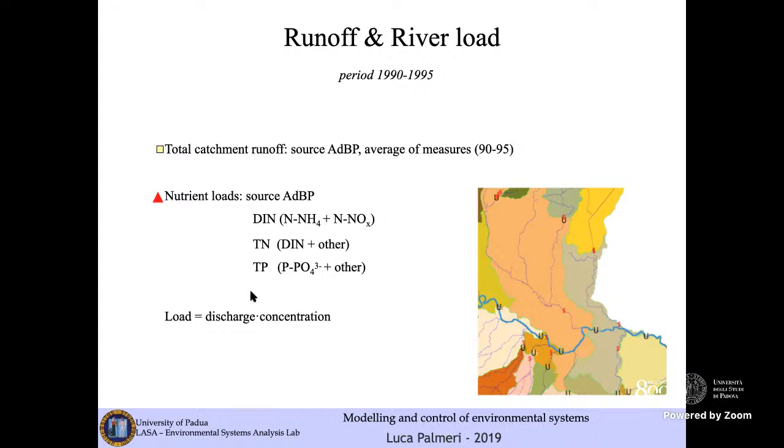Now you should notice that we made a very large, strong approximation by simply calculating the loads as the product of discharge times the concentration. So total nitrogen loads, for example, at each gauging station or closure point of the basins are calculated by multiplying the discharge provided or the total catchment runoff provided by the ADBP multiplied by the concentration, total concentration of nitrogen provided.